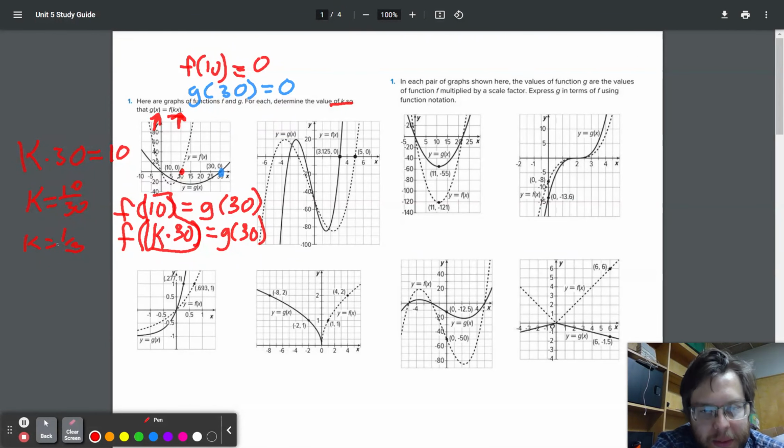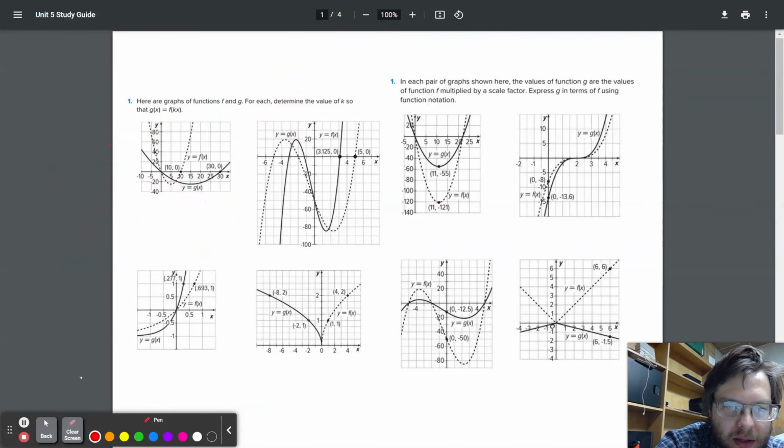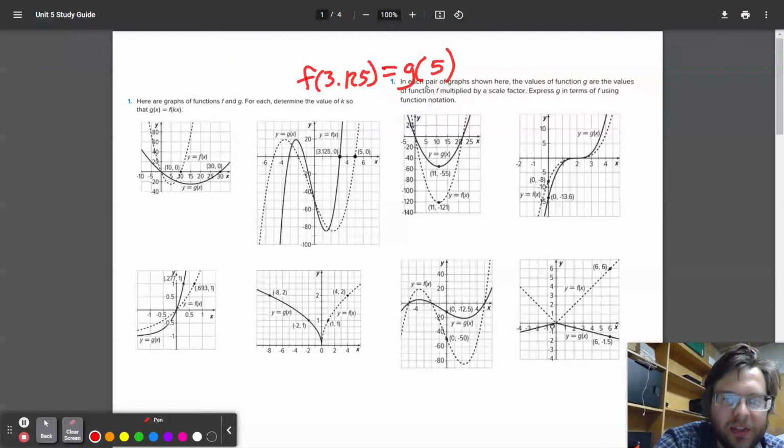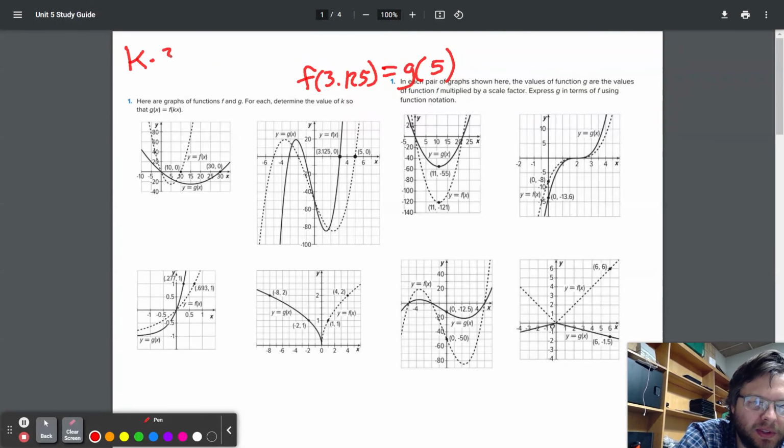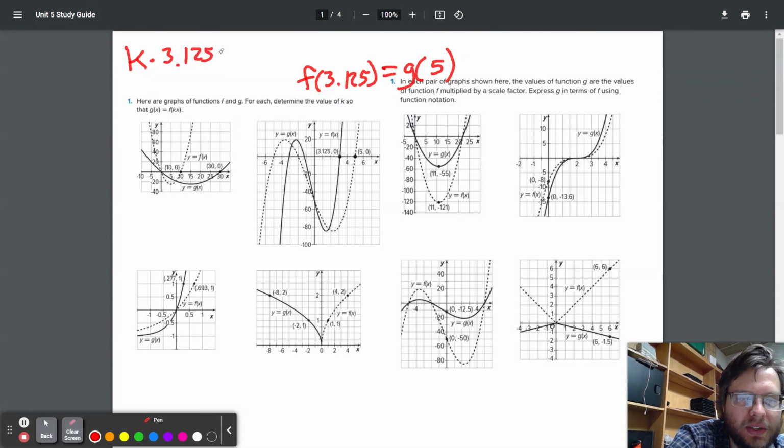Okay, let's look at the next one here. Same sort of idea on the second question. I've got f of 3.125 is equal to g of 5. So I need to figure out k times 3.125 is equal to, oops, sorry, I have that backwards.